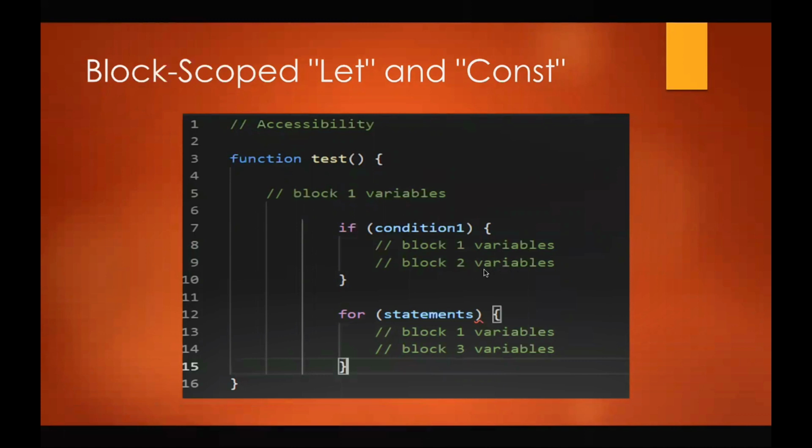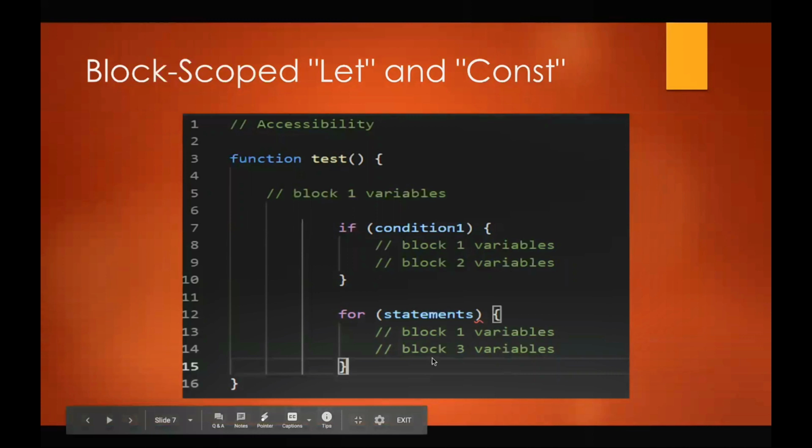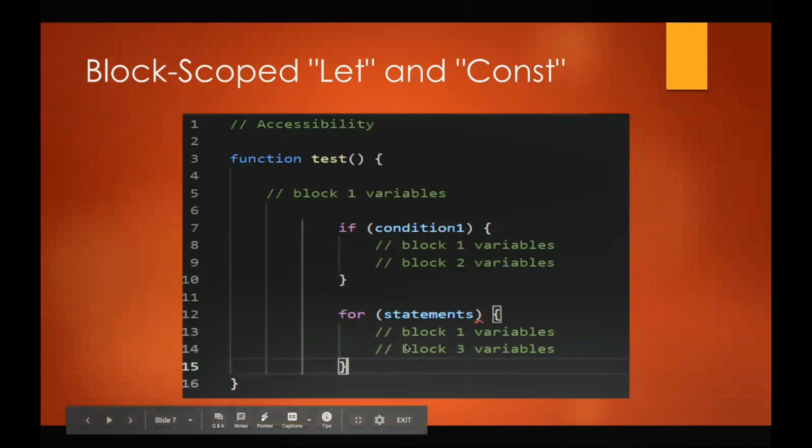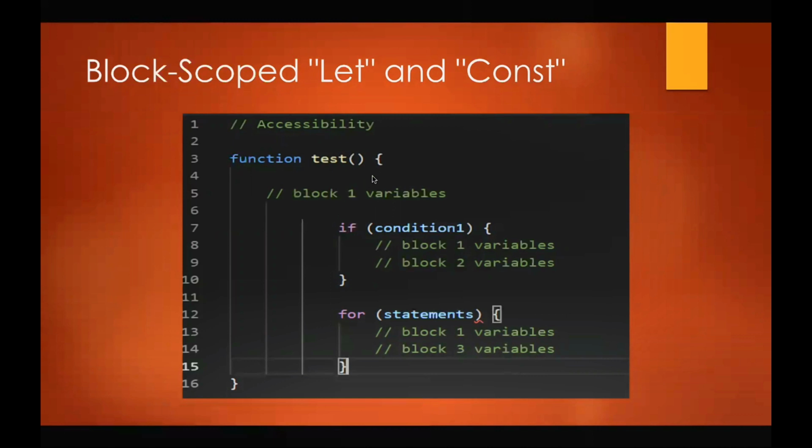This block 2 variable will be used only within this particular block. Similarly, line number 12 to line number 15 is another block, block 3. In block 3 we are defining one block 3 variable. The block 3 variable will be accessible only inside the block 3 scope, not outside anywhere, not inside the block 2 scope, neither inside the block 1 scope, only inside the block 3 scope. So that's why it's called block scope, let and const.